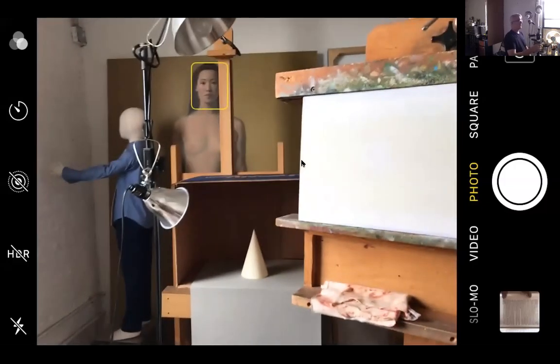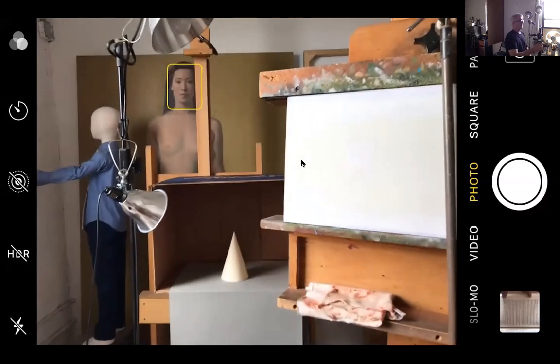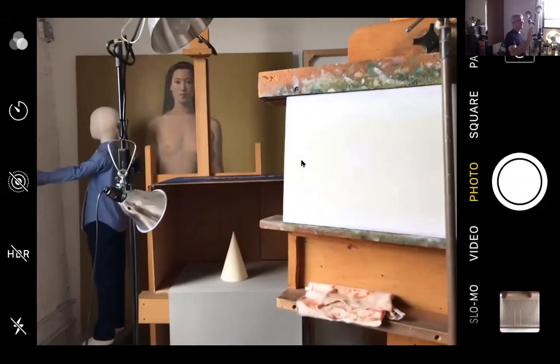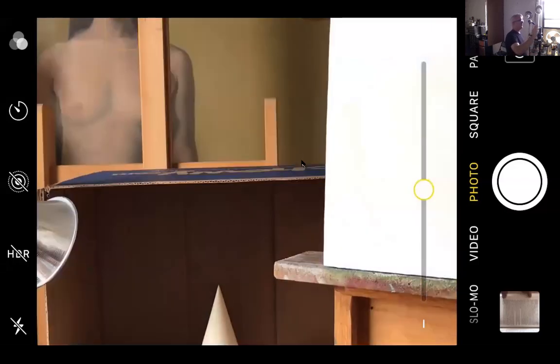Okay, so the first thing I want to show you is the setup I'm going to be working from.